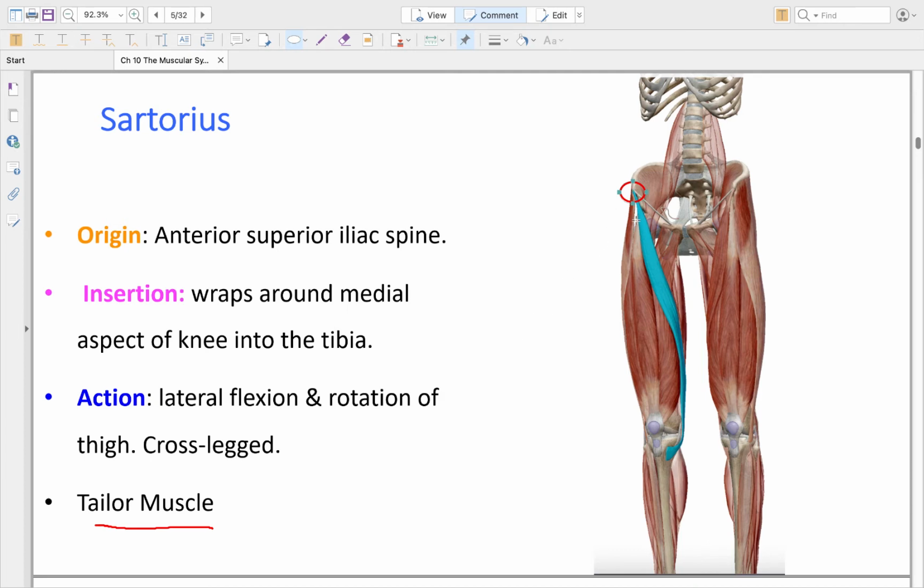It's going to wrap around all of these quad muscles, and it inserts down here near the knee into the tibia. All right, the action of this muscle is lateral flexion and rotation of the thigh, and again it helps with crossing your legs.